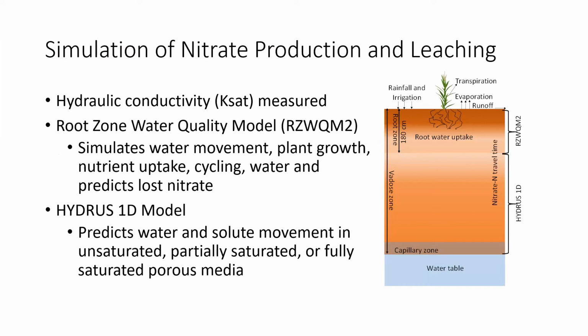It simulates water movement, plant growth, nutrient uptake, and cycling in water, and predicts lost nitrate. And then we coupled that with a Hydrus 1D transport model, which basically just predicts how fast nitrate or water would move through the Vadose zone.